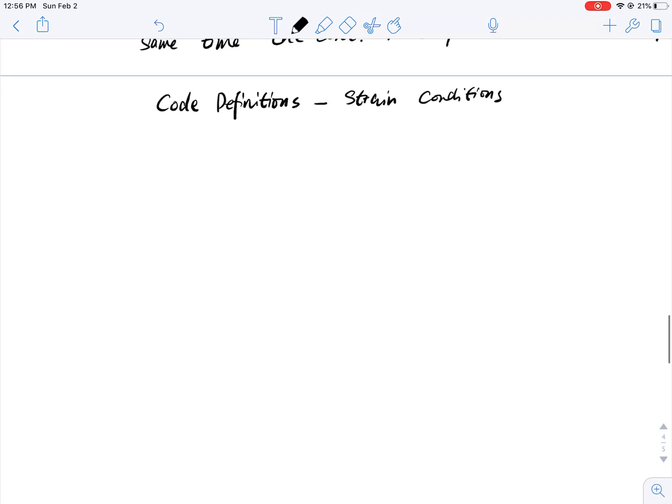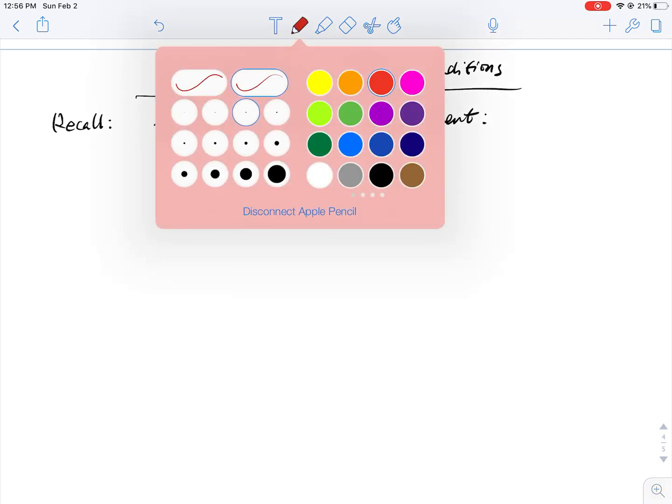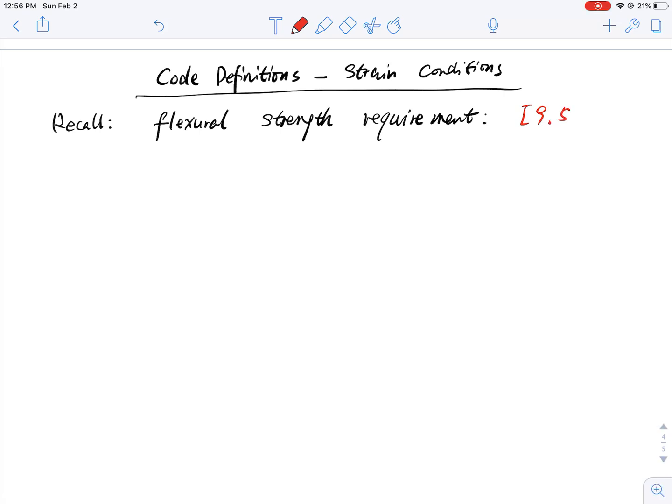Recall, in the flexural strength requirement design method, which is from the ACI, from section 9.5.1, we say that the strength reduction factor phi multiplied by the nominal strength Mn has to be greater than or equal to the load, Mu.